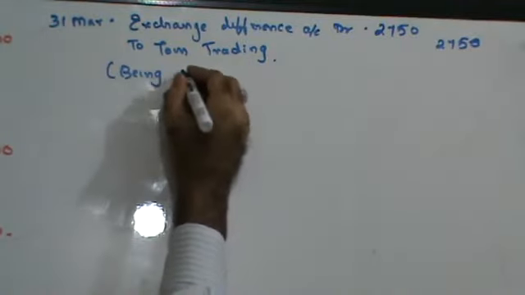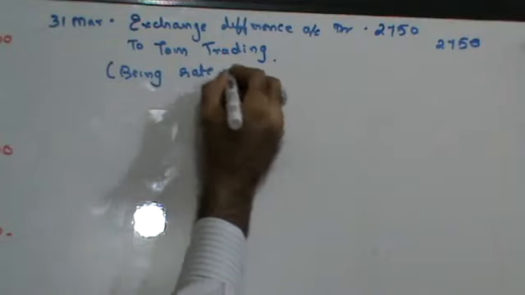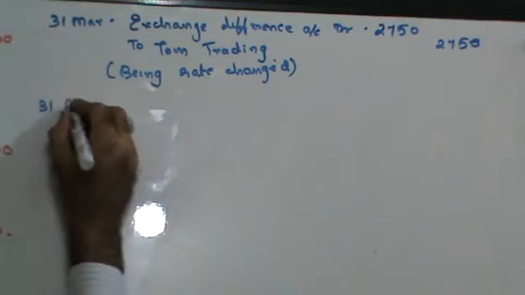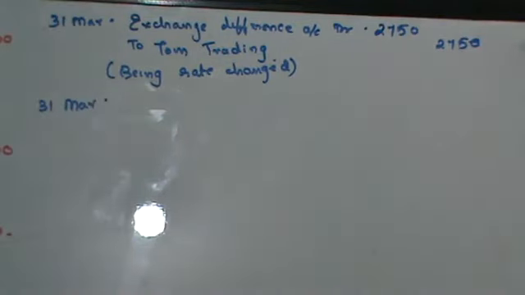Being rate changed 31st March. Right? Now let's calculate the profit or loss. I made a loss of 6,000. I made a profit of 2250. I made a profit of 1450.